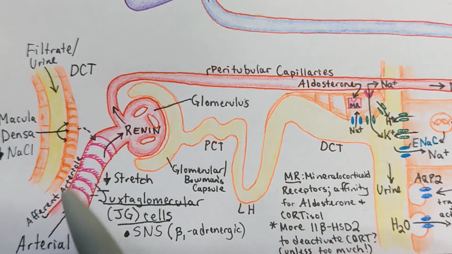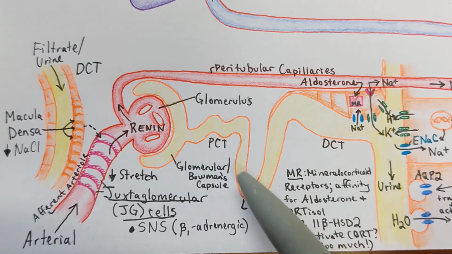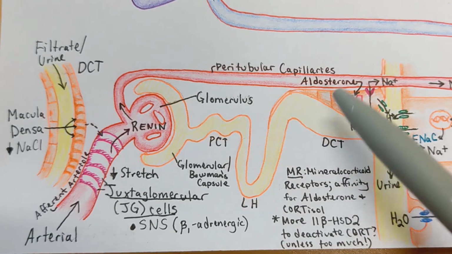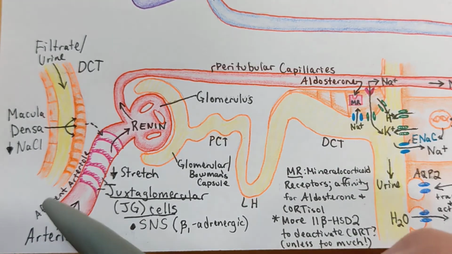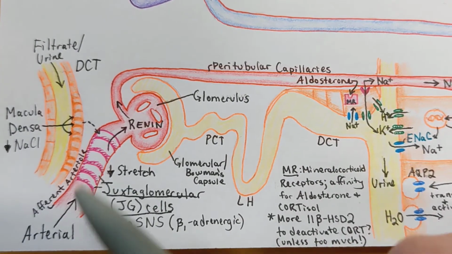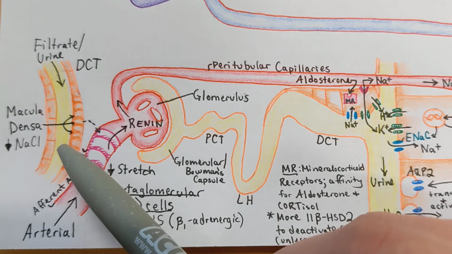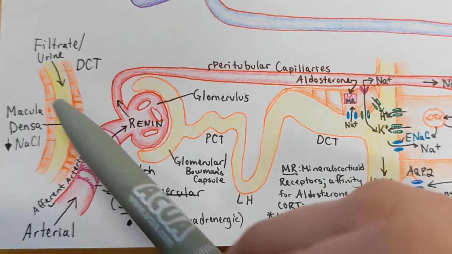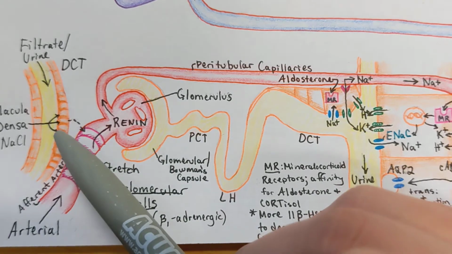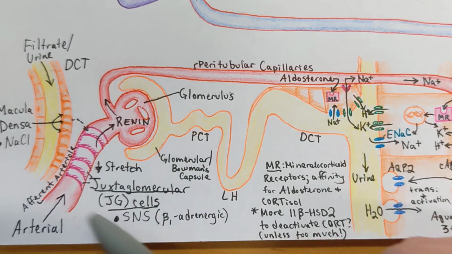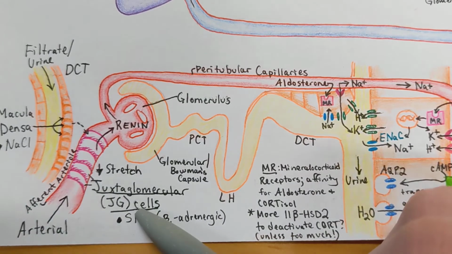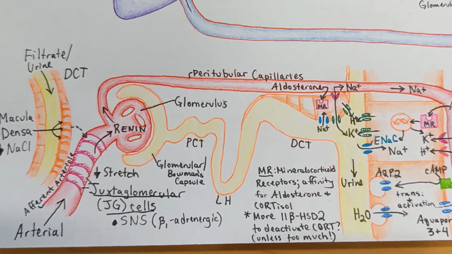If there is low blood pressure, essentially the filtrate is going to flow through the nephron really slowly, and therefore there's going to be more time to reabsorb a lot of salt. And so if there's very little salt here, that is also indicating that there is a low blood pressure. Okay, so the macula densa cells, if they detect low salt in the filtrate, they are going to inform the juxtaglomerular cells the issue. And again, in response, the JG cells release renin into the blood.